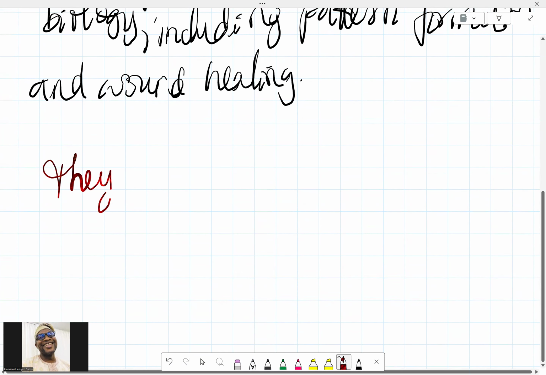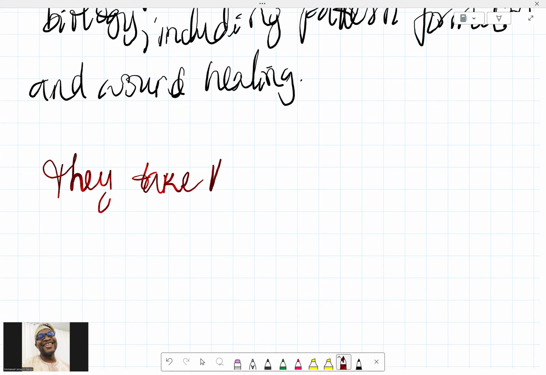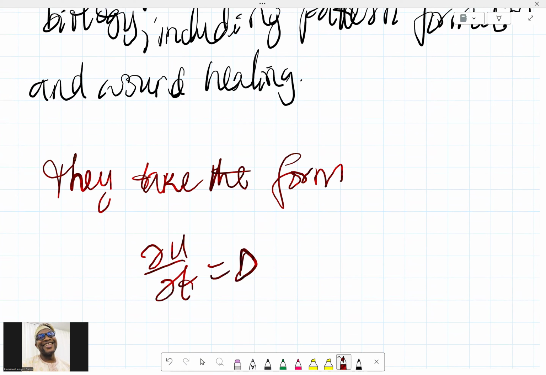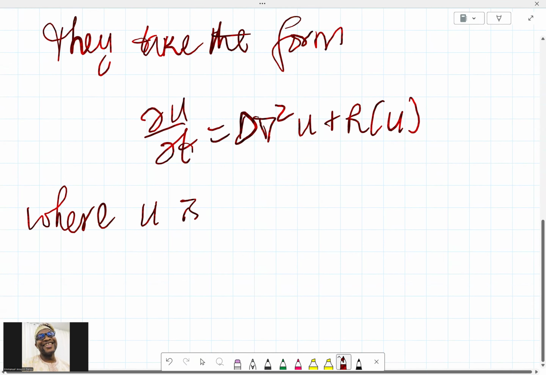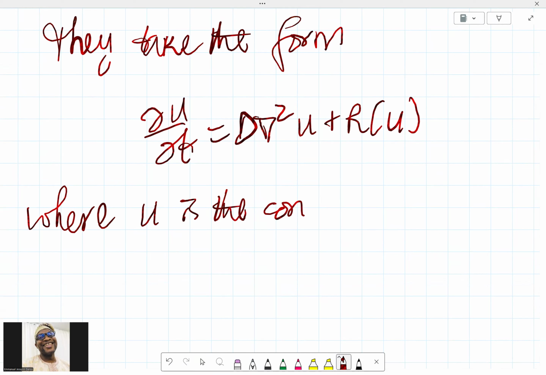So reaction diffusion equations take the form partial U, partial T equals D grad squared U plus R of U. So that's the form they take, where U is the concentration of whatever you are reacting.